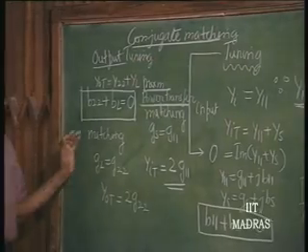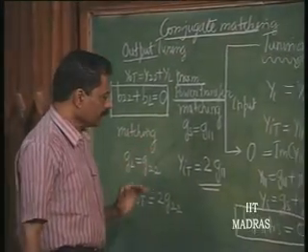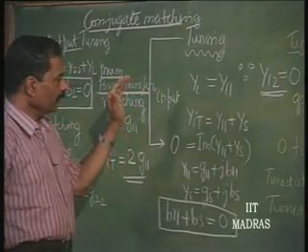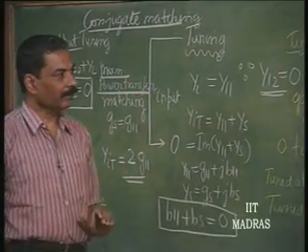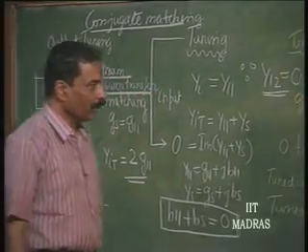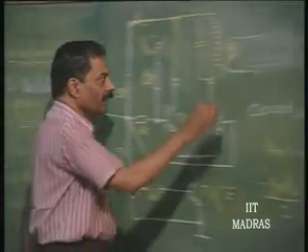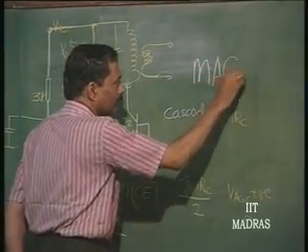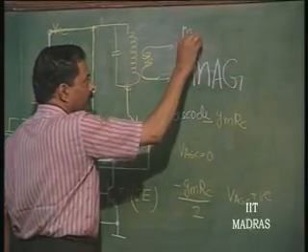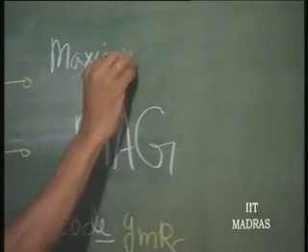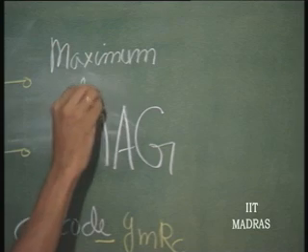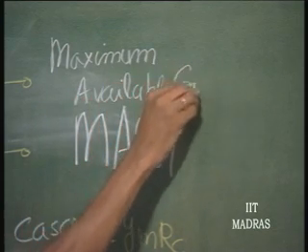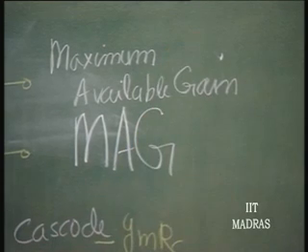So, given the parameters like Y21, Y11 and Y22, we can find out what is called the maximum available gain, MAG.